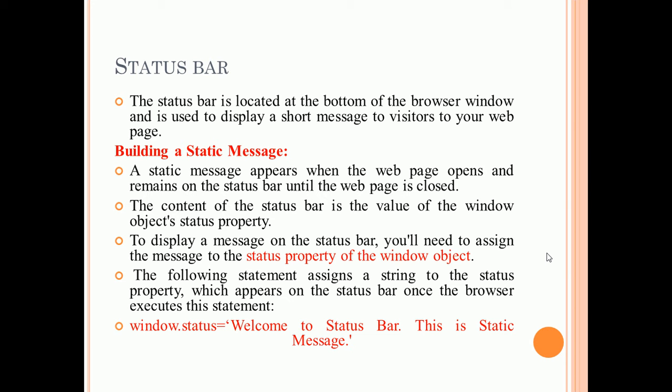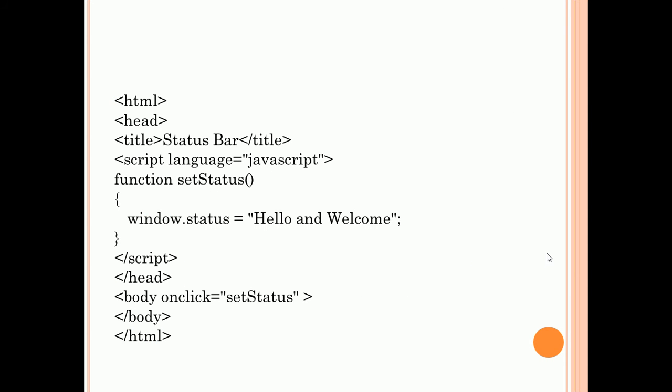For that purpose, we are going to call the window object and its status property. So the example will be window.status equals, in quotes, the message which is to be displayed on the status bar. In this example we can see the script is created, in which the function is written as setStatus, which assigns to window.status the message that we want to display on the status bar.